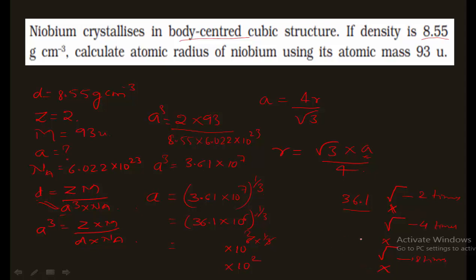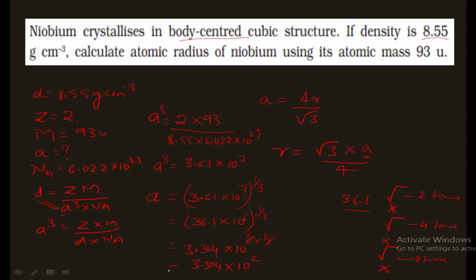So if we do this, then we will get the cube root of 36.1 or any value that we want to find the cube root. So 36.1, if we follow this rule, we will get the answer as 3.304.